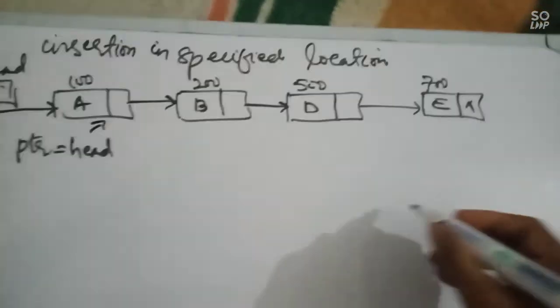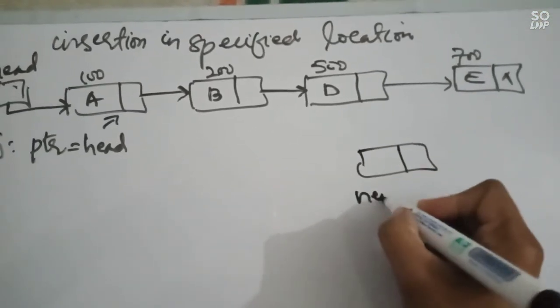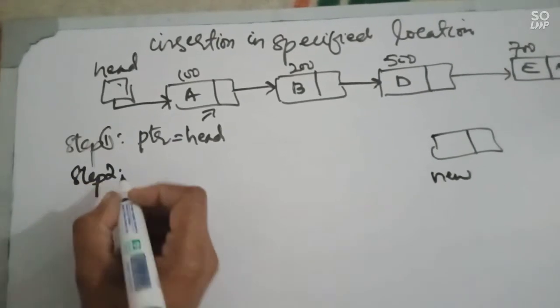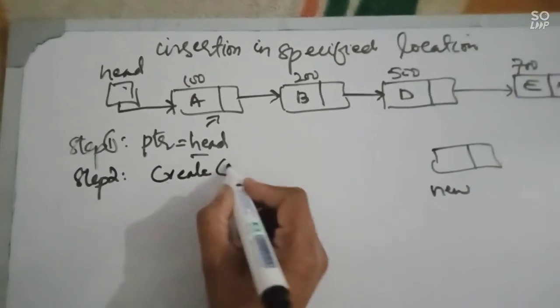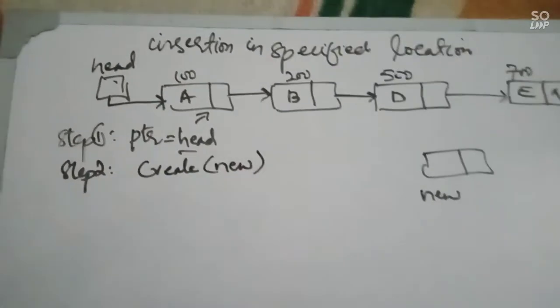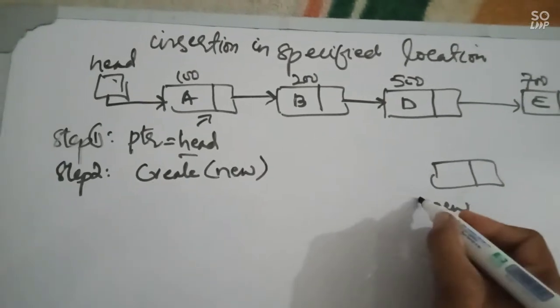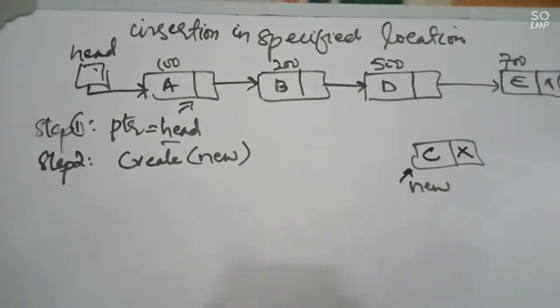Initially we have created a new node in the memory. Now step 2 of this algorithm is to create a new node. So we will use a create function to create a new node. After the execution of this function, we will have a new node in the memory. Pointer will point to it and it will contain some information and its link field is null.